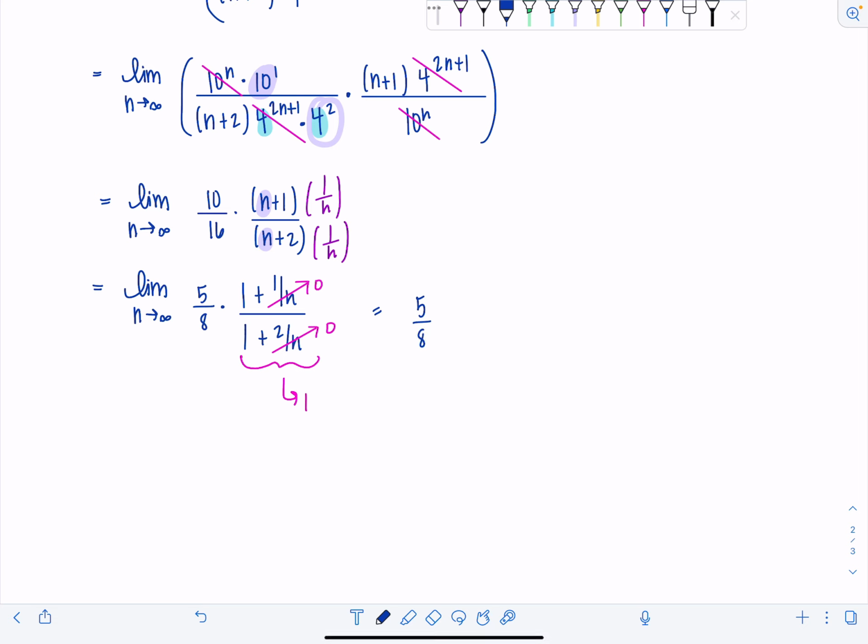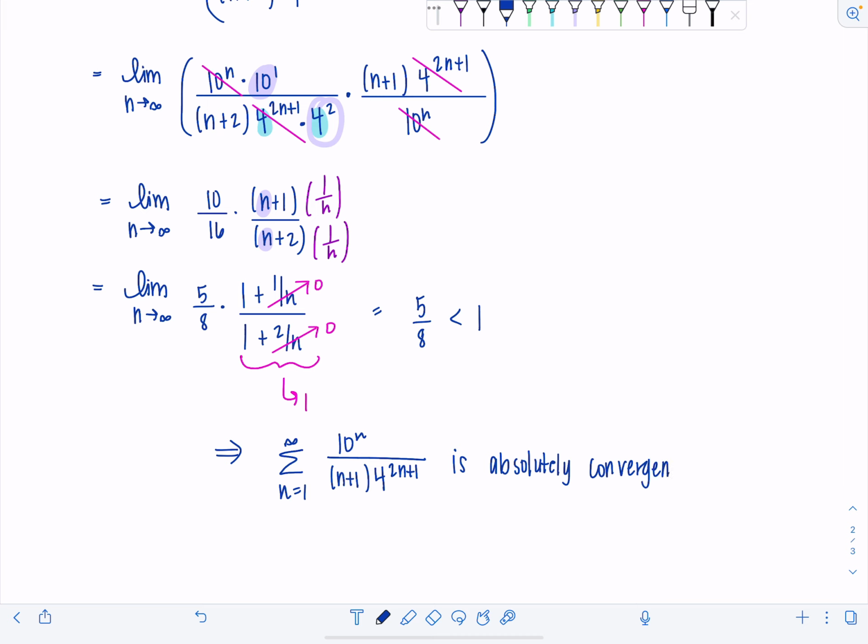Well, what do I care about 5 over 8? Remember, the ratio test always wants you to compare this limit to the number 1. And since this is definitely less than 1, that tells me that the original series, the sum from n equals 1 to infinity of 10 to the n over n plus 1 times 4 to the 2n plus 1, is absolutely convergent by the ratio test.